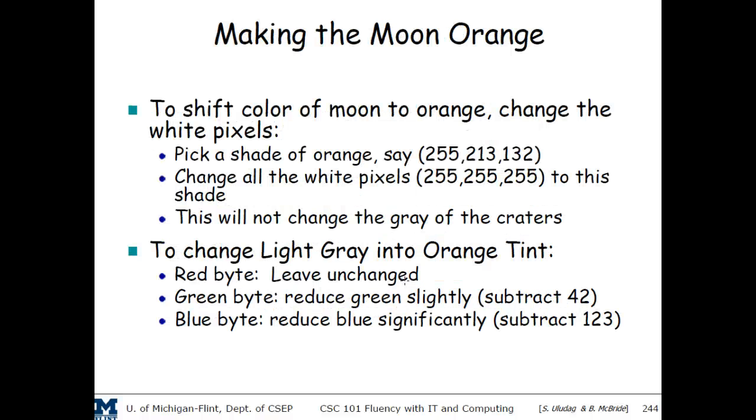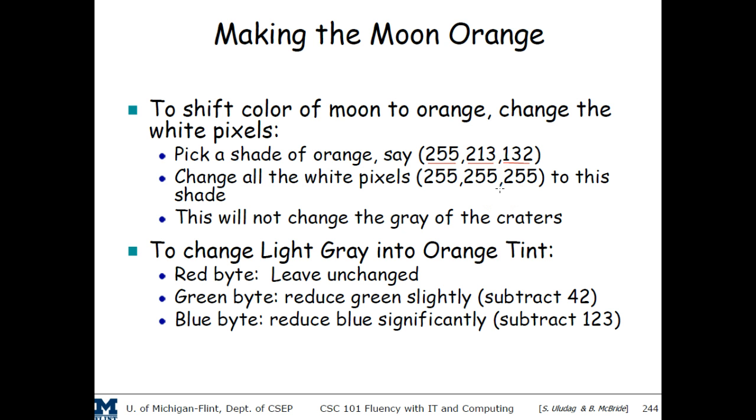And by doing that, you actually remove the smudge from the photo. All right, so moving on, let's say we want to process the image by colorizing it to a shade of orange. If we look at a shade of orange, for example, the red might be 255, the amount of green is 213, and the amount of blue is 132.